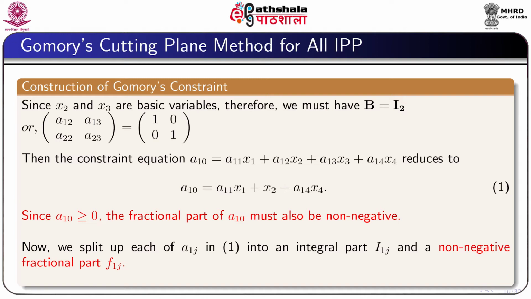Since A10 is a component of the requirement vector B, it must be greater than or equal to 0. So, since A10 is greater than or equal to 0, the fractional part of A10 must also be non-negative.